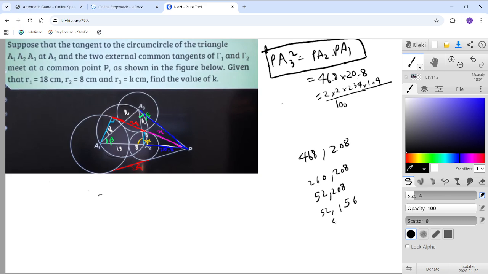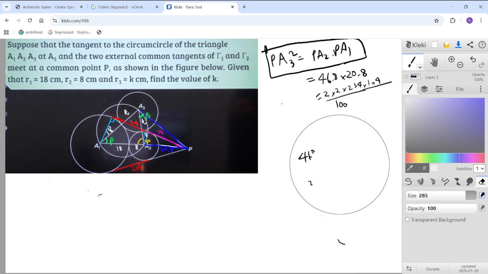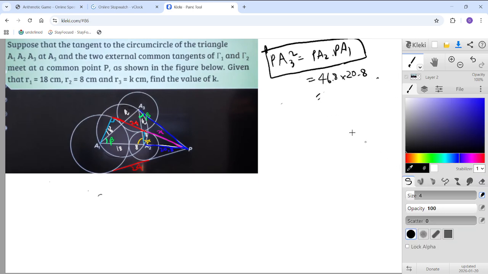So the highest common factor is 52. You can take 52 out of both.